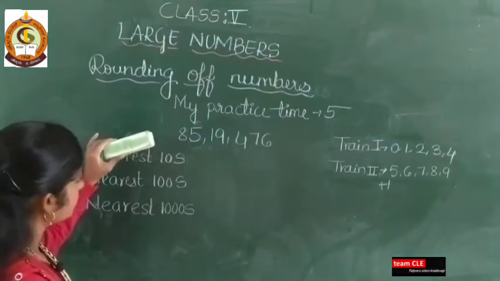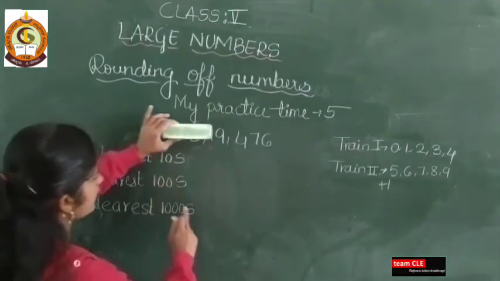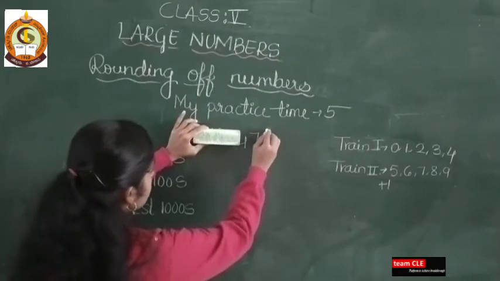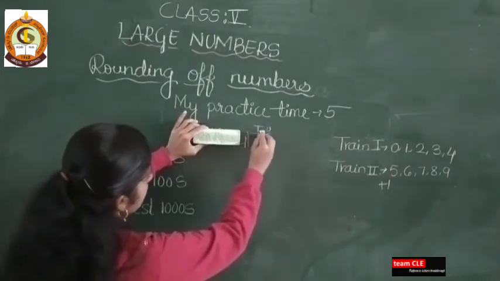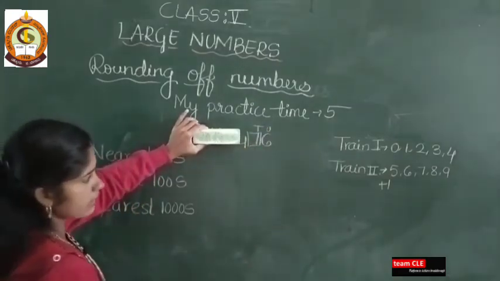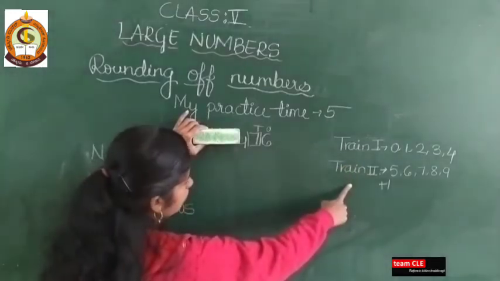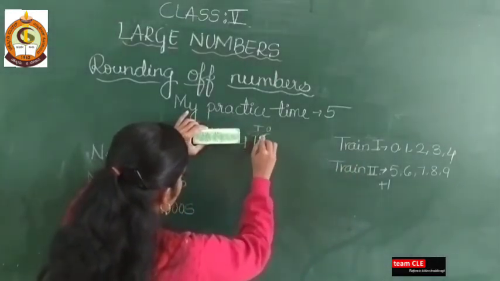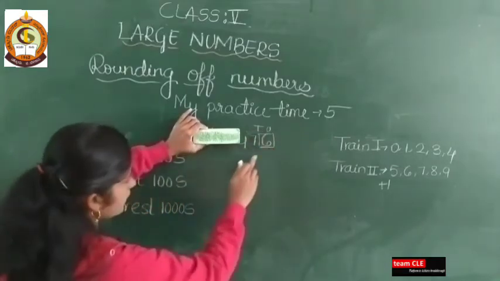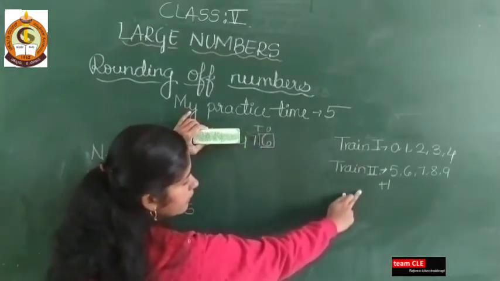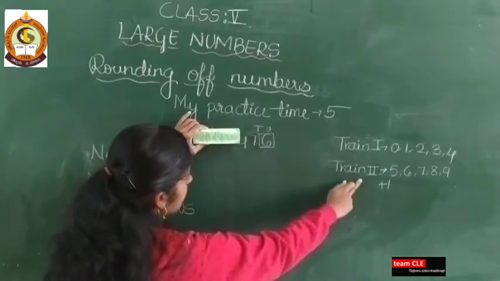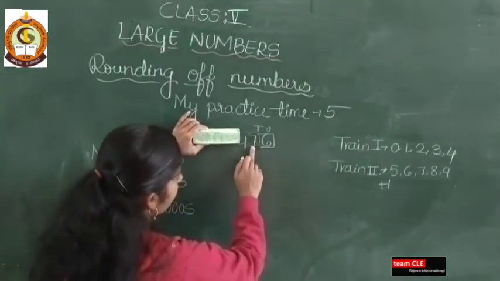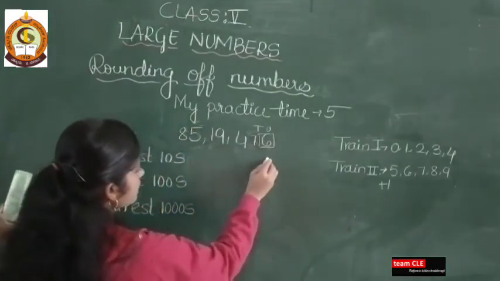Then see here, first, nearest to tens means I will take only these digits, ones and tens. You need to see the ones place. Okay, 6 is there. Is it in train number 1 or train number 2? Yes, it is in train number 2. Then you have to add 1 here. 76 becomes 80.